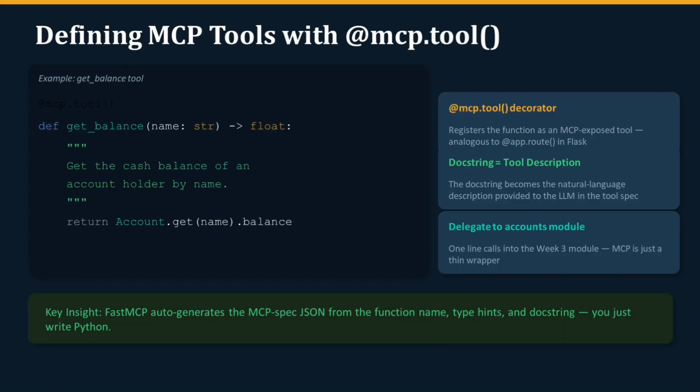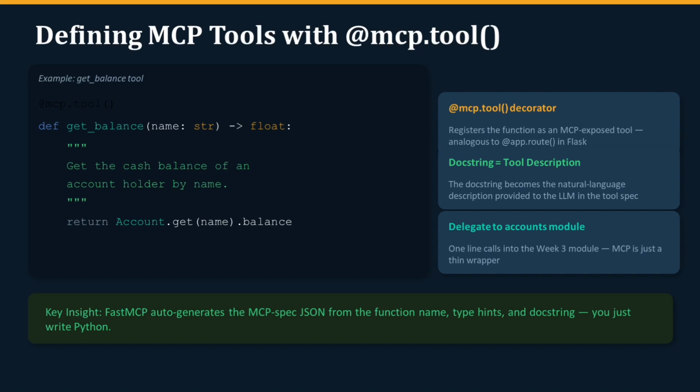Then define an MCP tool with @mcp.tool. So mcp.tool is a decorator, you can say. It registers the function as an MCP-exposed tool and logs the route, as in Flask.